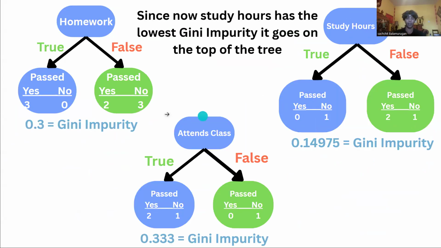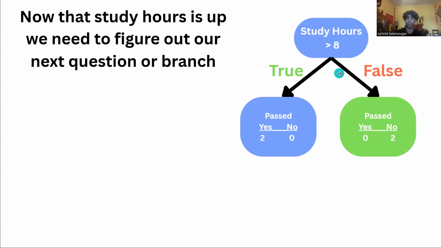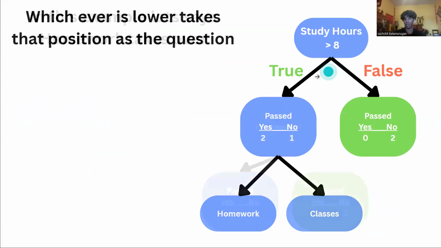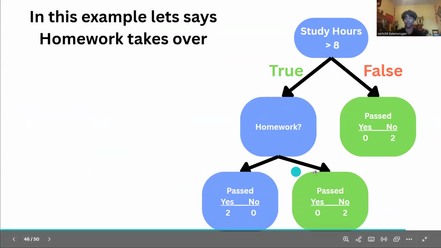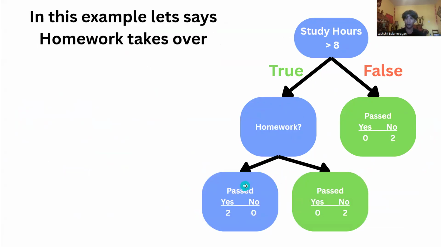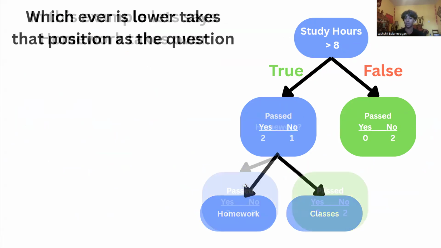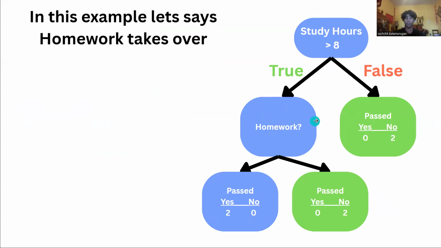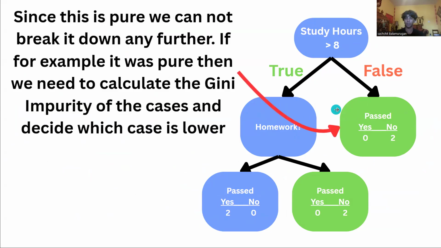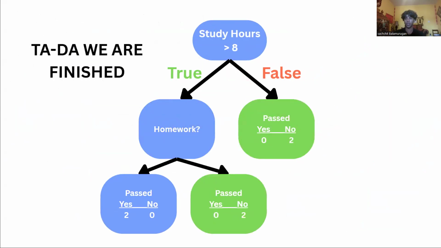After comparing, we see that study hours is the lowest, so it goes on the top, and homework goes next, and we keep filtering it down until we get pure leaves. That's the end goal. If this is not pure, we can do classes as well: ask another question on classes, repeat the process. That's how we create decision trees.